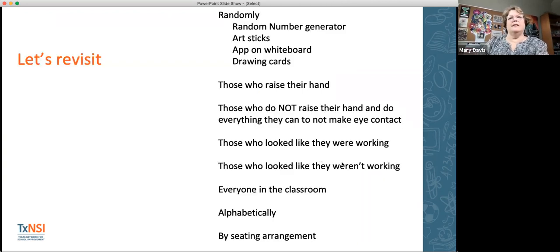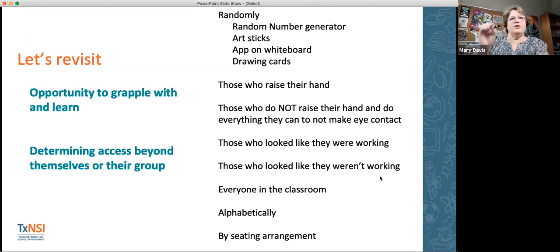So going back to this list that I had, and again, you have your own lists that you can look at, here are the 2 big things that I'd underlined: the idea of grappling with and learning, and determining access beyond themselves. I don't think anything in my list really did that. In fact, some of them specifically did the opposite.